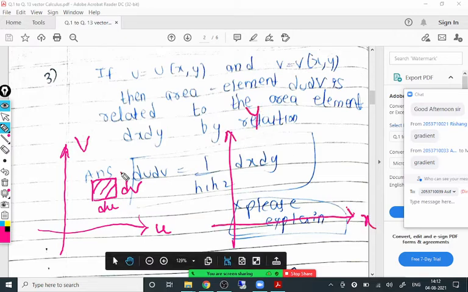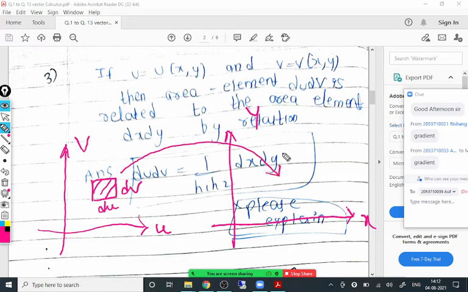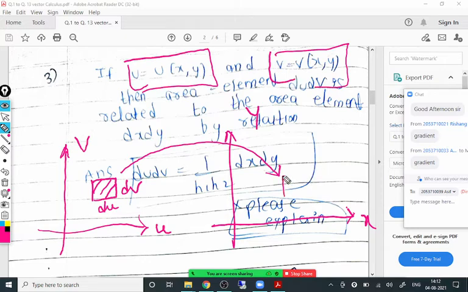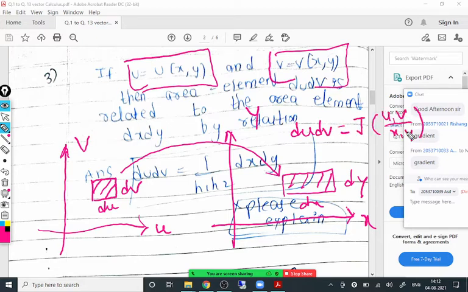This small area is mapped by a transformation, and if we want the value of du dv in terms of dx dy, then du dv is the Jacobian of uv with respect to xy, into dx dy. So that's the formula.